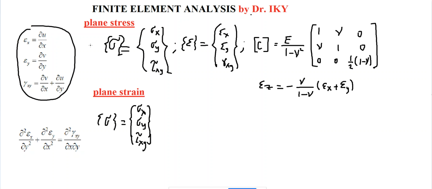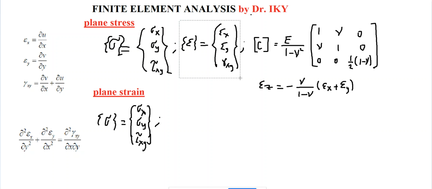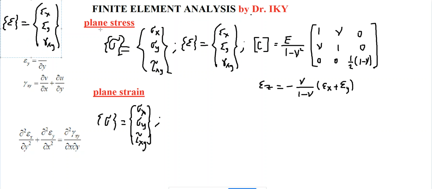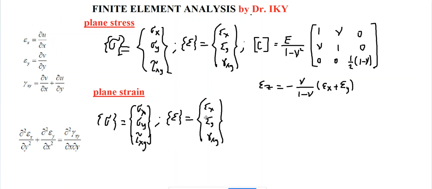We make the system simpler for 2D. And again, the strains, let me copy the same. But this time, all out-of-plane strains are assumed 0.